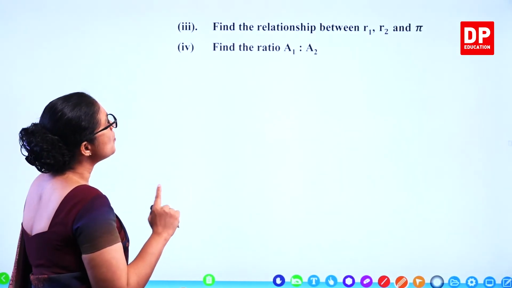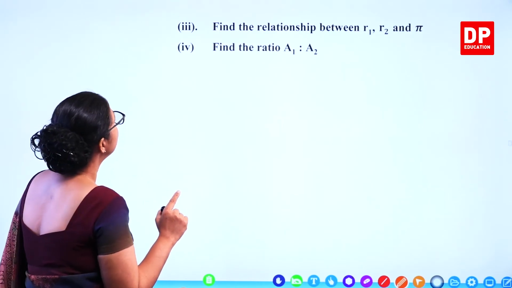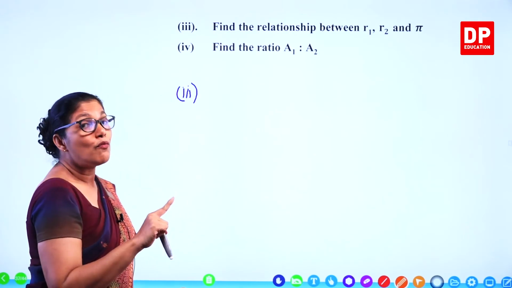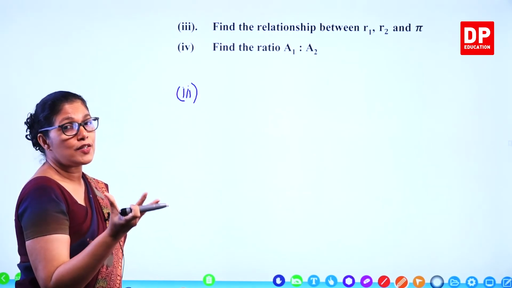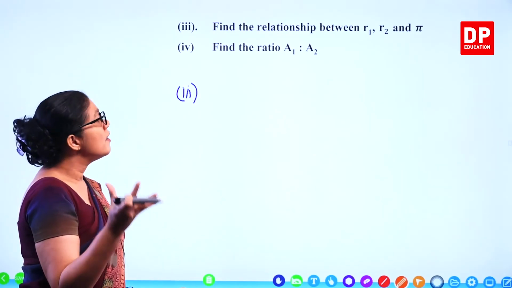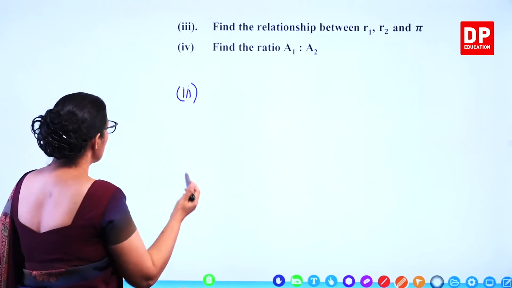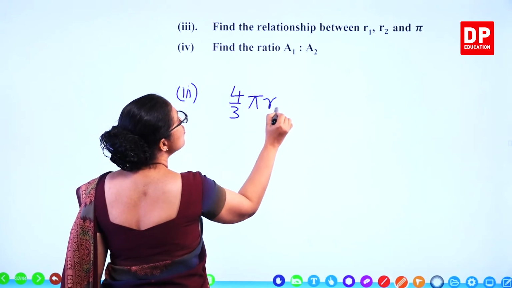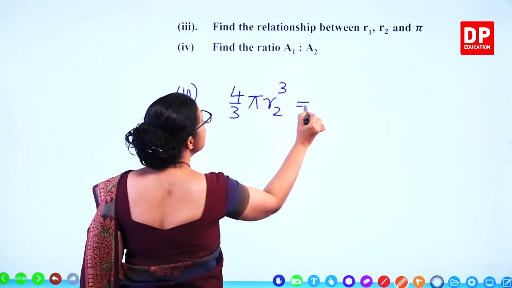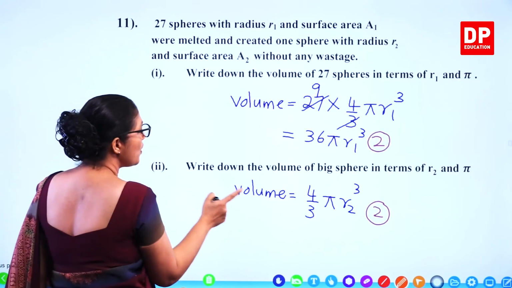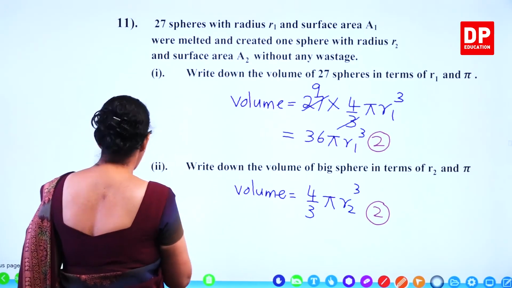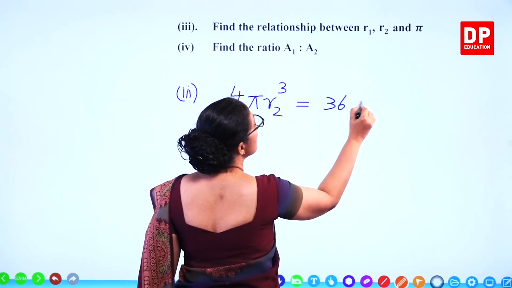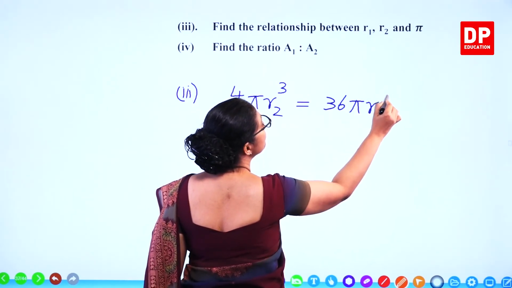Find the relationship between R1, R2 and pi. We know that the volume of 27 spheres, small ones, is equal to the volume of the big one. So we can equate 4/3 pi R2 cube is the same as what we got, 36 pi R1 cube.